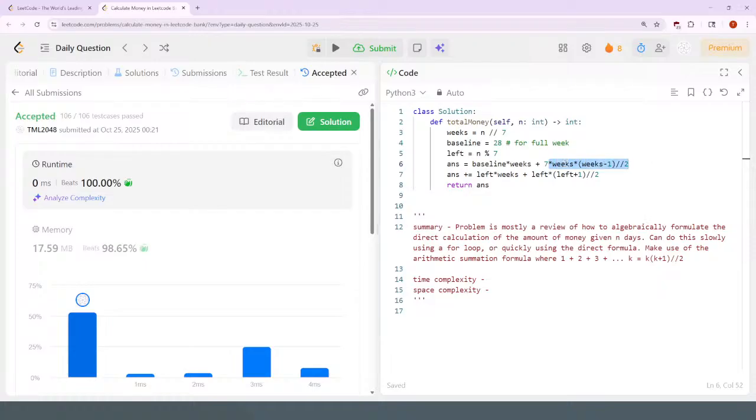Since week is kind of week 0 at the start, it needs to be off by 1 there. It needs to subtract 1 rather than add 1. And this is the remainder days in the last week. Money from last week remaining days. And this is from full weeks.